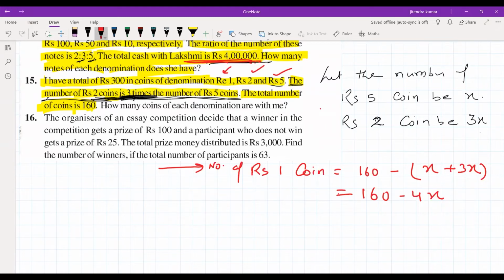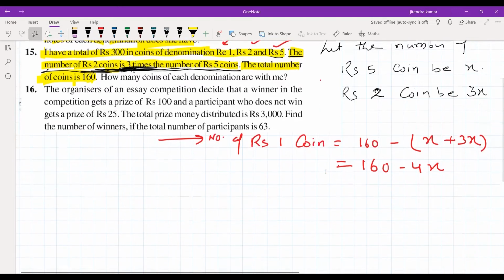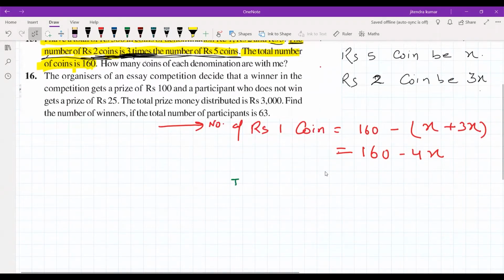Okay, so now we have the number of rupees 1 coins, as well as the number of rupees 5 coins, and as well as the number of rupees 2 coins. And the total rupees available is 300. So now we first have to convert it into the amount. Total amount of rupees 5 coins will be x into 5, that will give us 5x.